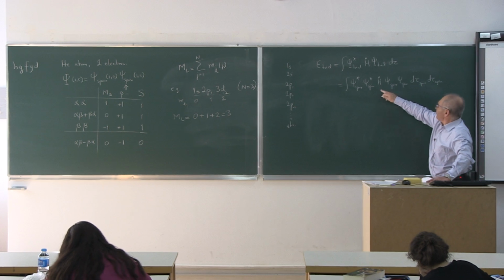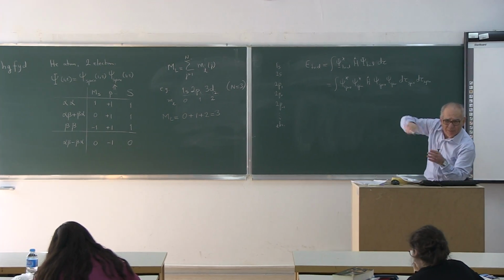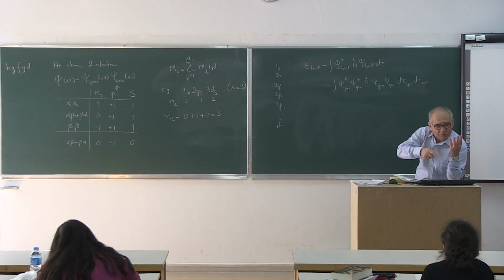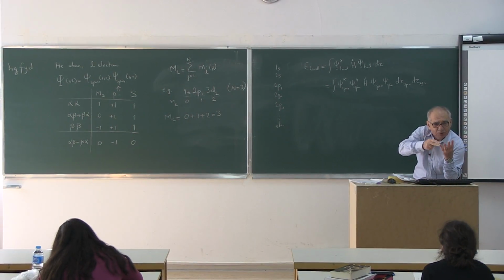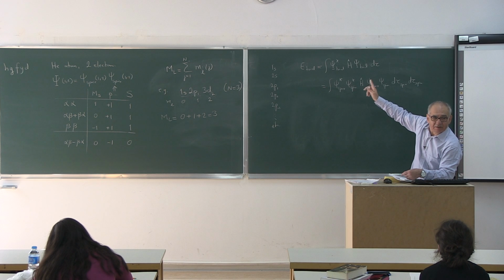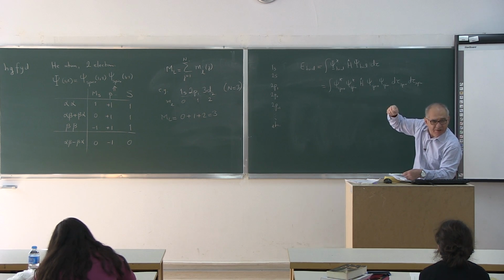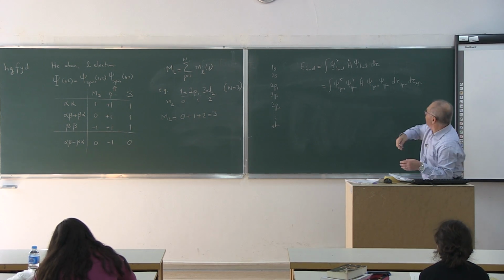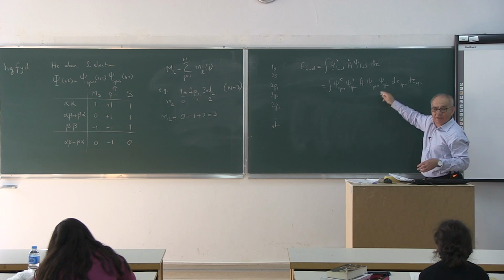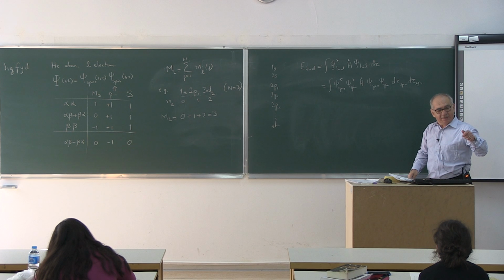Now, in other words, in this problem, there are 2 electrons. Each electron has 4 variables. 2 times 4 is 8. So this is an 8-fold integral. There are 8 integrations. 2 of the integrations are over spin variables because an electron has just 1 spin variable.